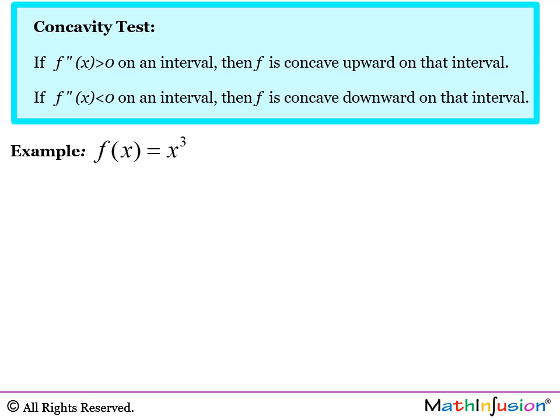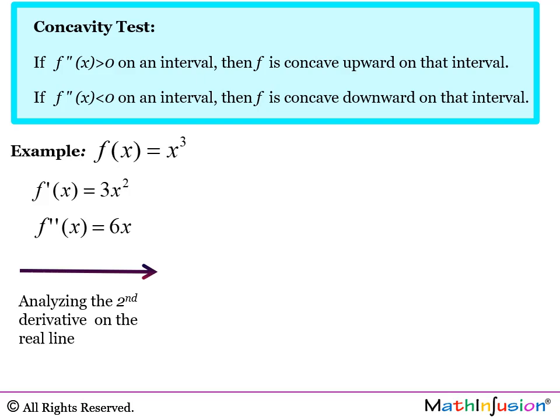Example. Let's take the function f(x) equals x cubed and let's find its concavity. We have to get the second derivative, but not before we have the first one. Here's the first and here's the second. Now we are going to do analysis on the real line for this one. It is 0 at 0, and we are going to do exactly as we did with the first derivative, but now for the second one.